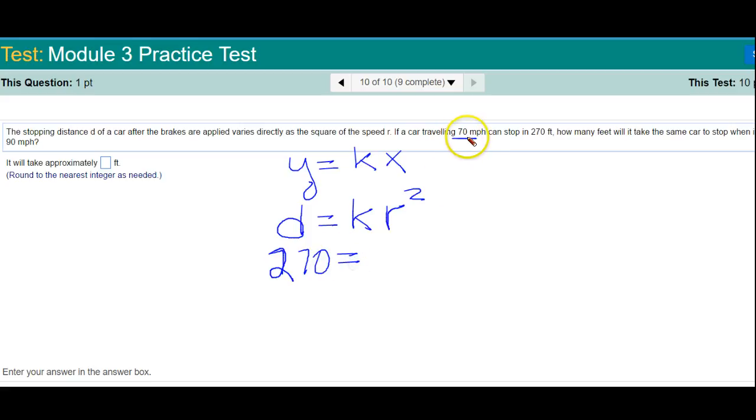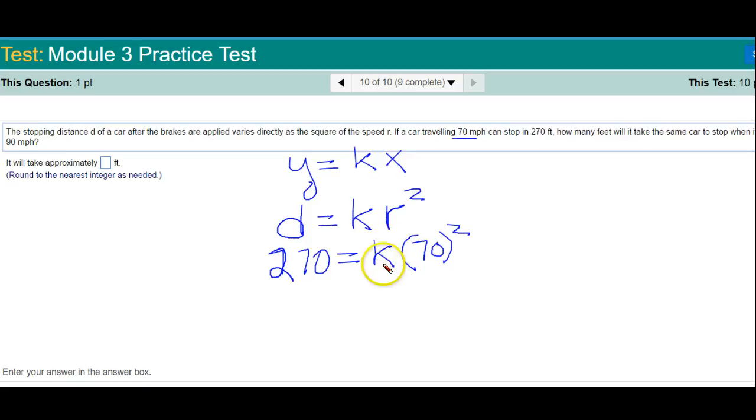Car traveling 70 miles per hour. That's its rate, is squared. So they're then asking how long or how many feet will it take the same car to stop when it's going 90 miles per hour.